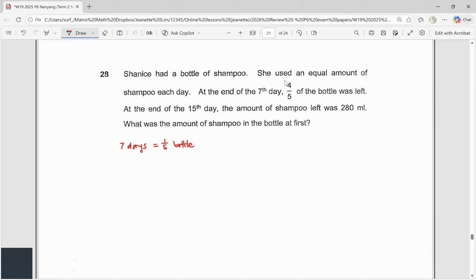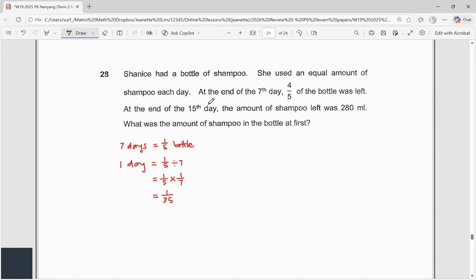So we can actually calculate how much she used each day by dividing it by 7. So when you divide by 7, you need to apply keep, change, flip. Then we multiply. This would be 1/35. Okay, 1/35.